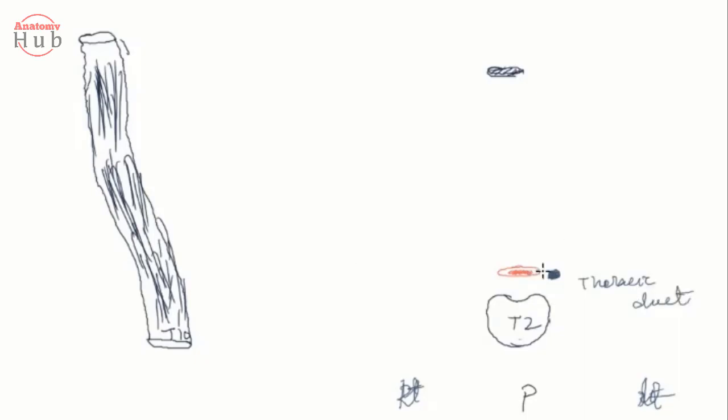Just to remember, left to the esophagus, we'll find the thoracic duct. Then come to the anterior part. Just anterior to the esophagus, we'll find another structure, right?